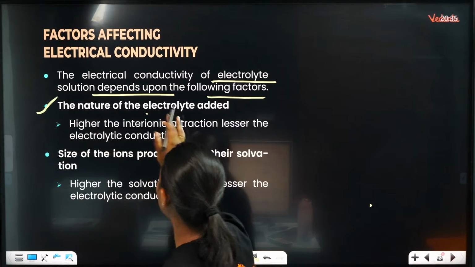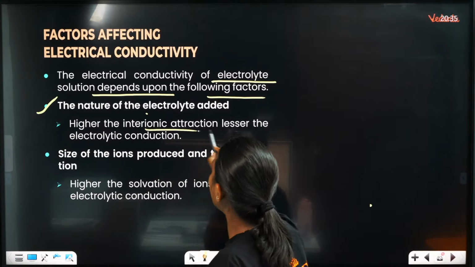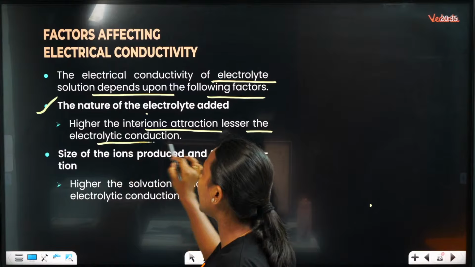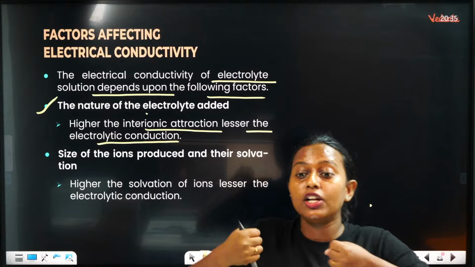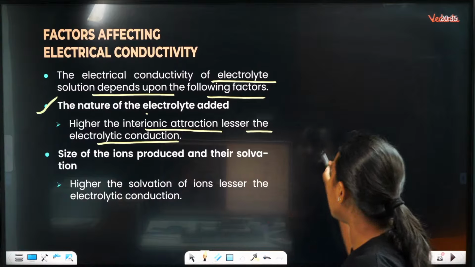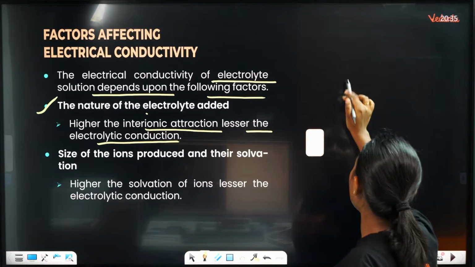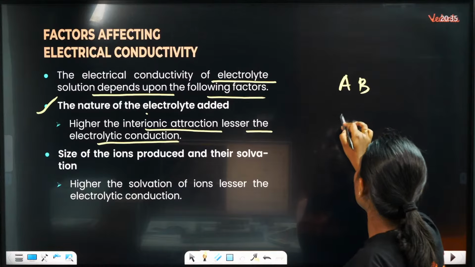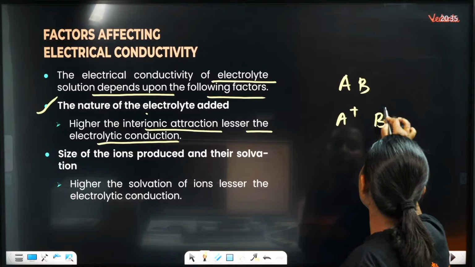What about the nature of the electrolyte? The higher the interionic attraction, the lesser is the electrolytic conduction. Assume the interionic attraction is high. Consider ions: A B is a solution, so A plus and B minus will conduct.